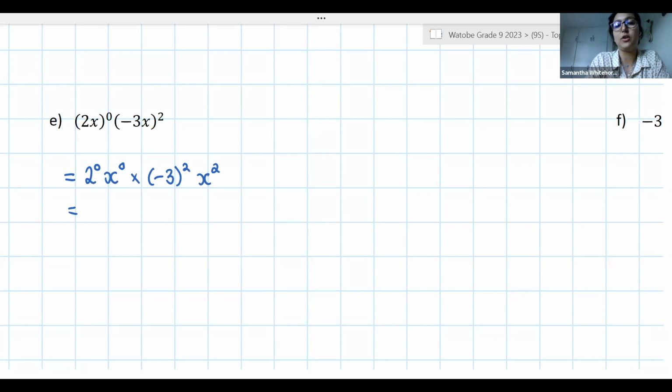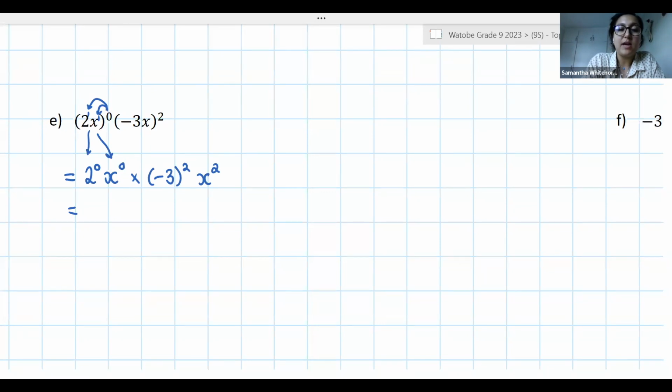Perfect. Okay, so if we look at the distribution again, we're distributing the 0 to the exponent. So we've got 2 to the power 0, x to the power 0. And then the distribution of the squared in the second bracket is exactly what Simonello just told us.